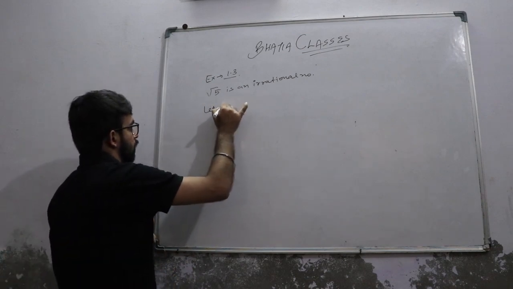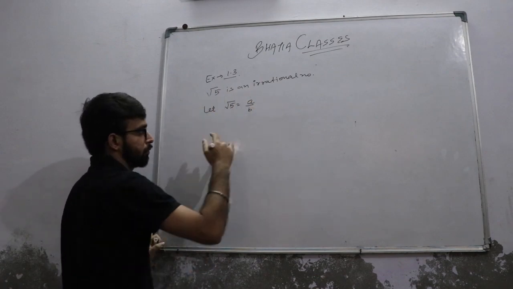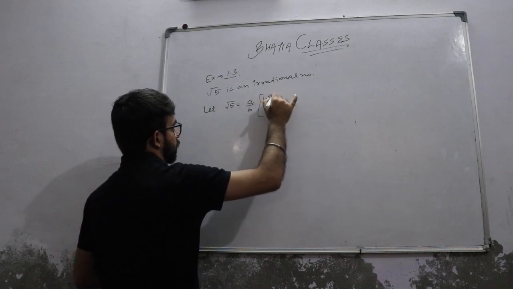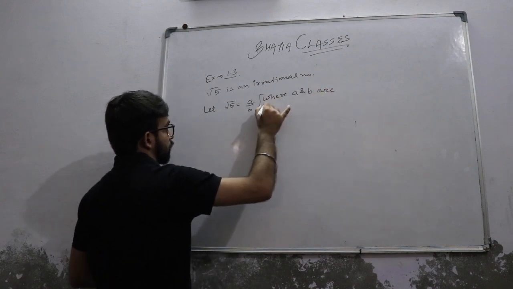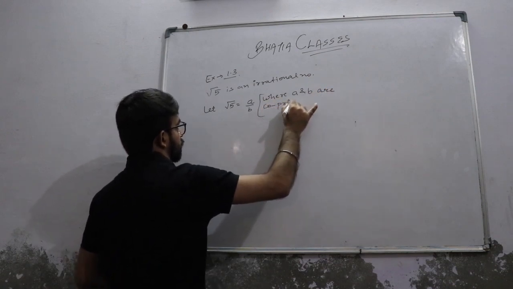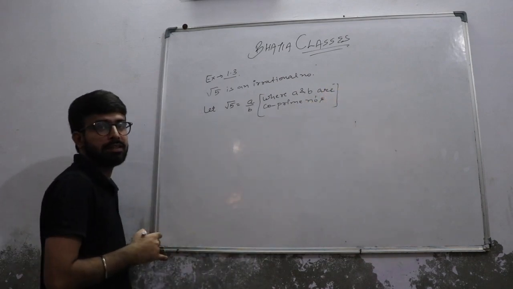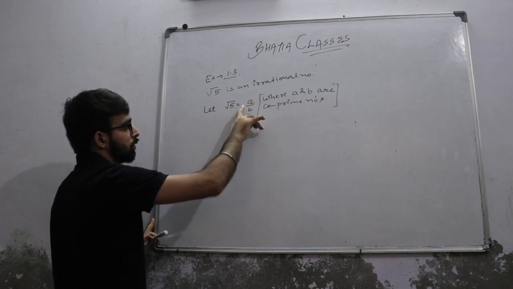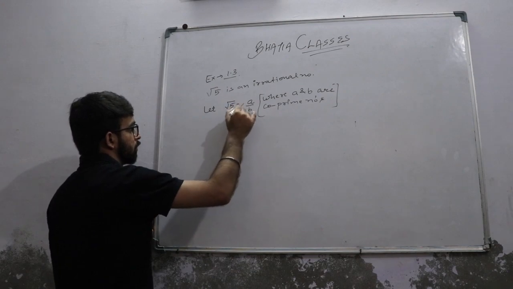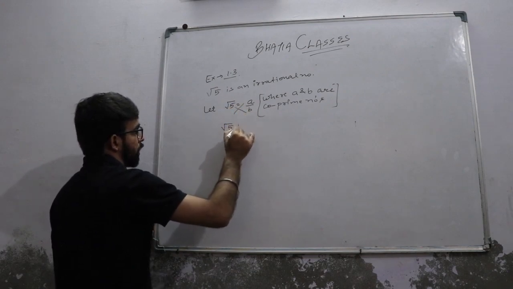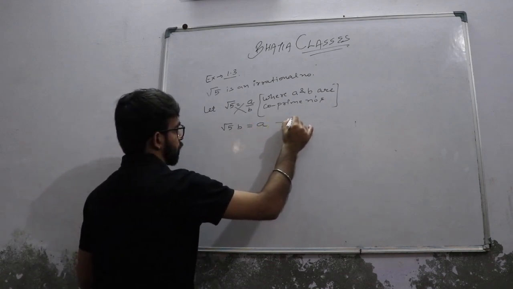Let root 5 is equal to a by b, where a and b are co-prime numbers. Co-prime means these cannot be the factors of same number. By cross multiplying, you will get root 5 b is equal to a. I will give this equation 1.